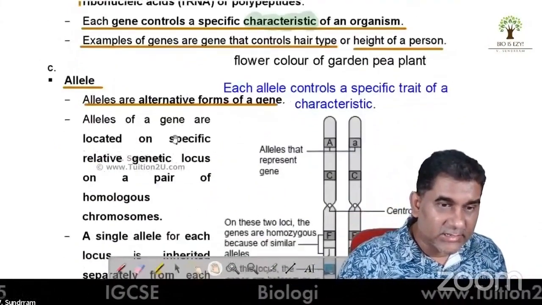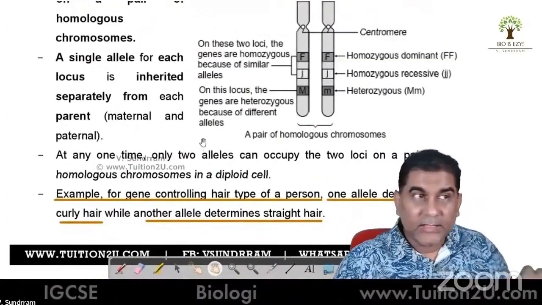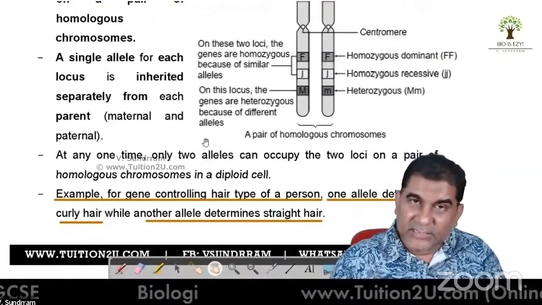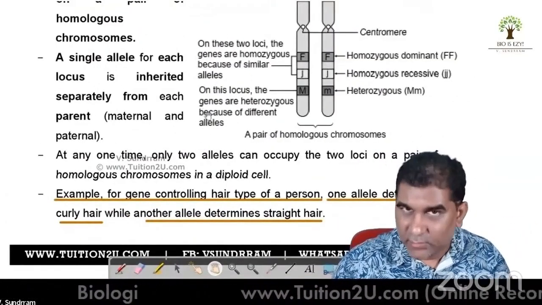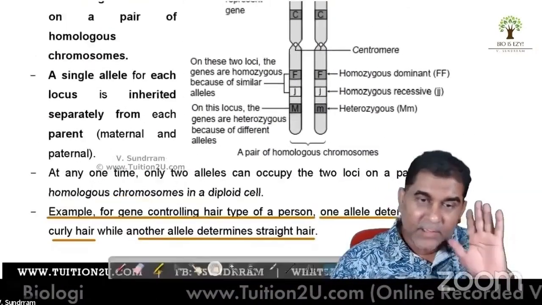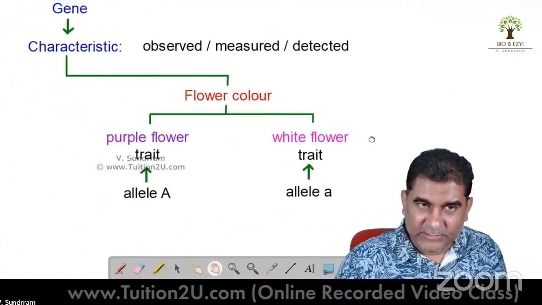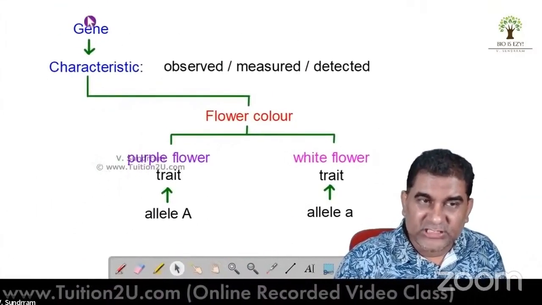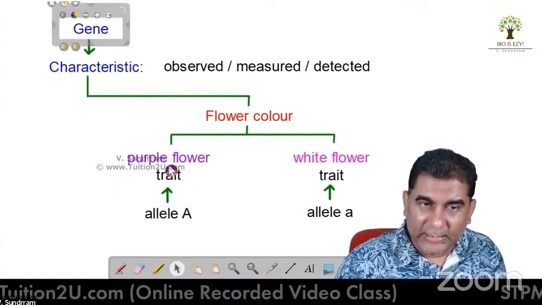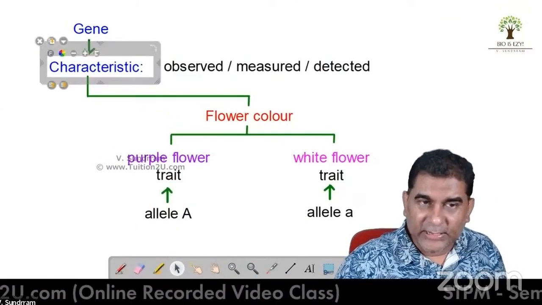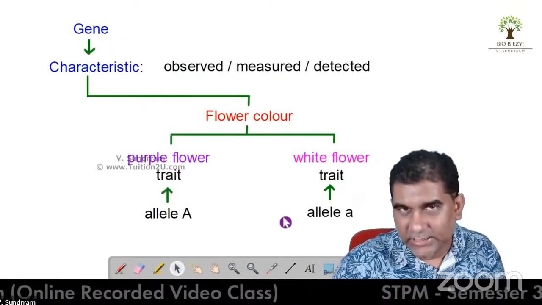Characteristic is observable, detectable, measurable characteristic of an organism. Later we'll define. So at the moment, basics of this chapter. Apa itu gene, apa itu allele, apa itu characteristic, apa itu trait.